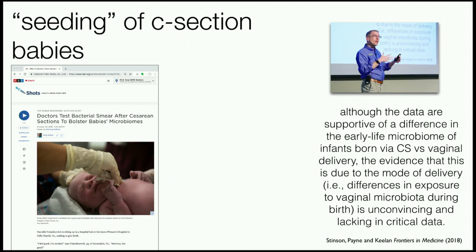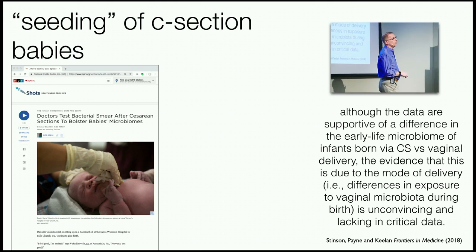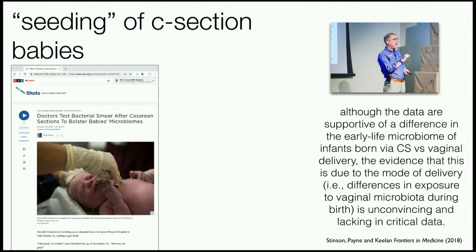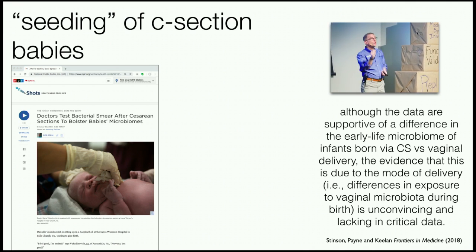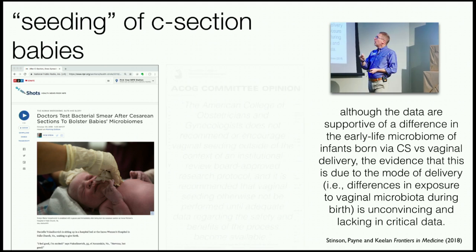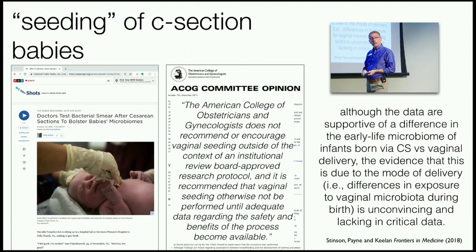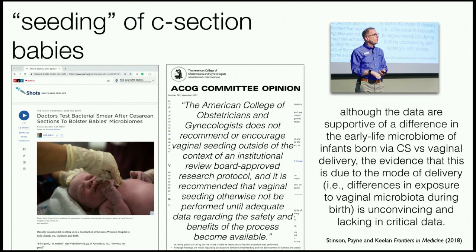So they actually argue against vaginal seeding for a couple of reasons. You potentially pass harmful bacteria that live in the vaginal tract onto an infant, unless you're able to know ahead of time that none of those harmful bacteria are present. The American College of Obstetricians and Gynecologists recently came out with a position statement that pretty much says the same thing with one important caveat.